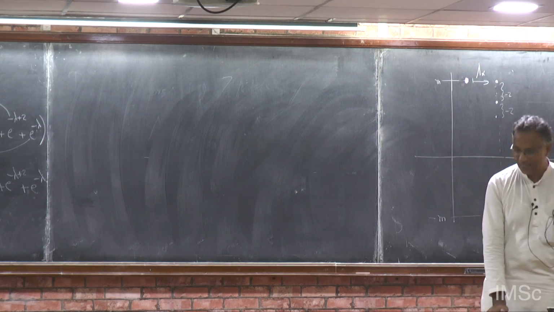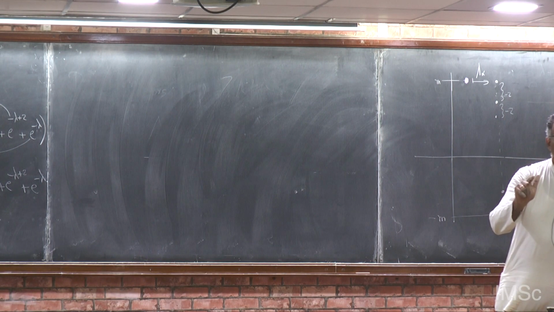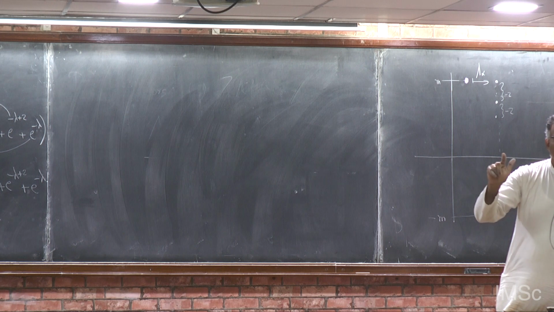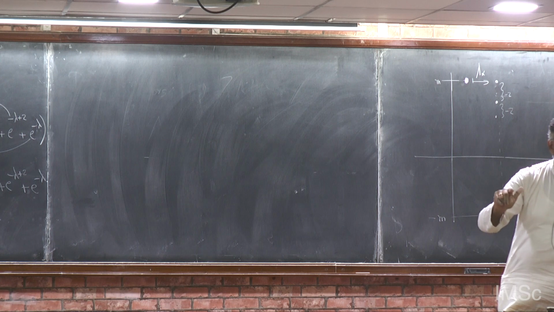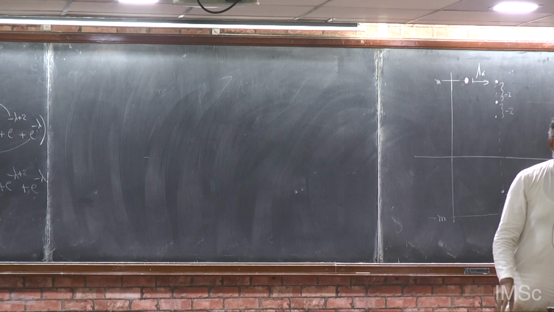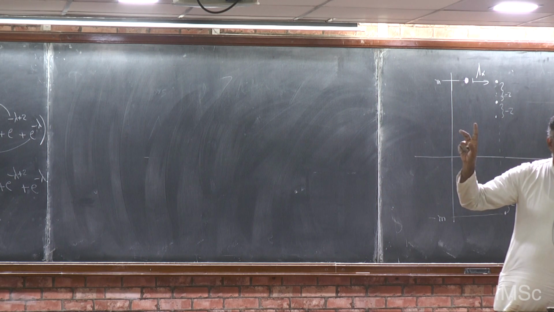What is the meaning of this statement? The Weyl group is defined by two things. S alpha square is equal to identity and certain other relations which we call the braid relations. Those relations are satisfied by lambda alpha.